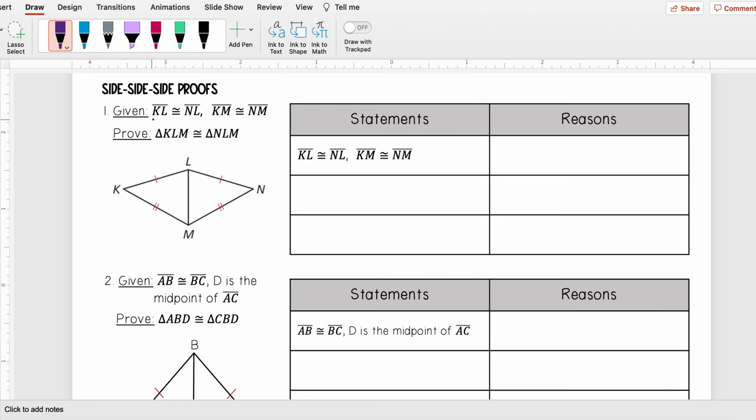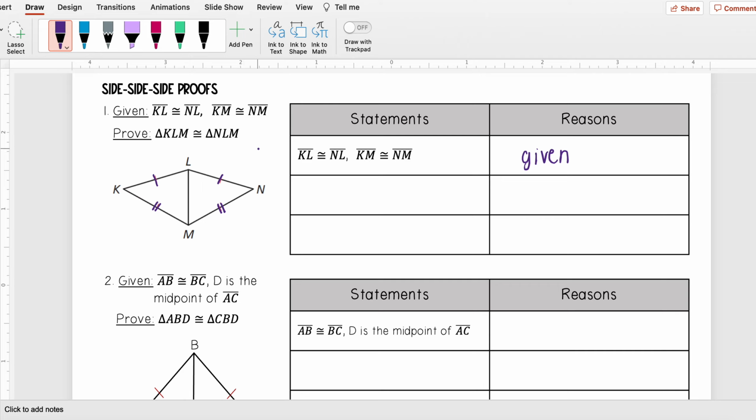So again, number one, I'm given that KL is congruent to NL, and I see that with my tick mark here. These two sides are congruent. I'm also given that KM is congruent to NM. And so all of that information is given to me. I want to prove that these two triangles are congruent, so that KLM is congruent to NLM.